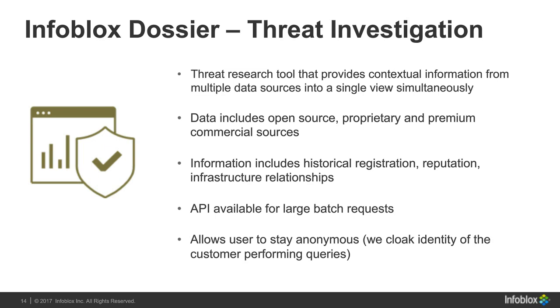And if the customer requires that they stay anonymous, you can also allow the user to stay anonymous. You can cloak the identity of the customer who's performing these queries. So it's a really good, easy, fast way to investigate these threats without having to go to multiple locations.